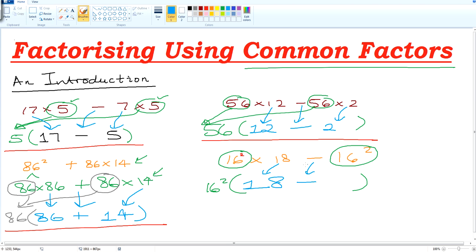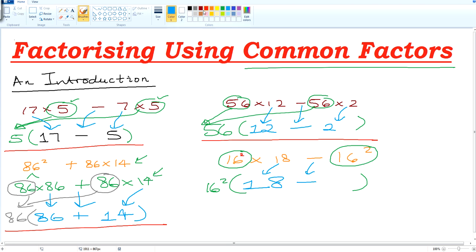The 16 squared has been taken out completely. When the 16 squared goes out of 16 squared times by 18, it leaves behind 18. When the minus gets copied down, the 18 gets copied down. When you take all of the 16 squared out, what's left over on this side? Nothing. The student has said quite correctly, there's nothing left here.